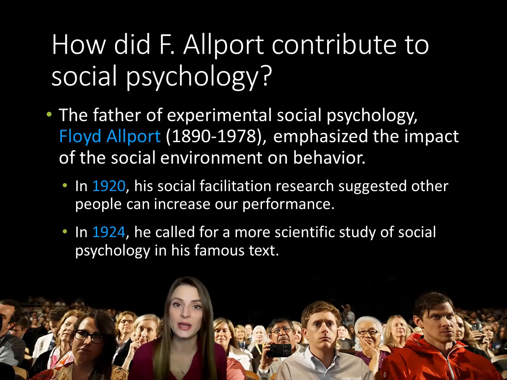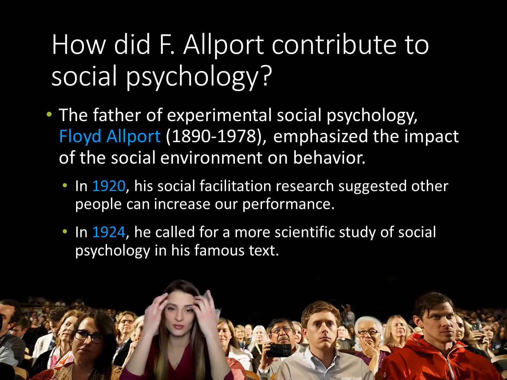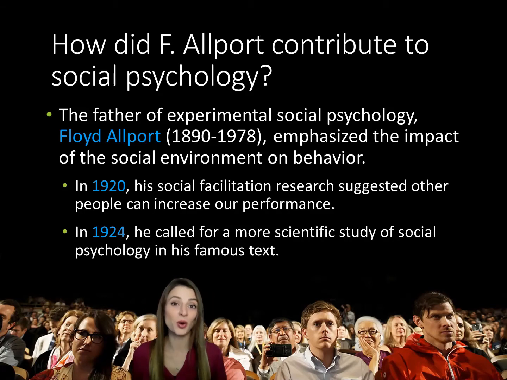Several years later, he published a popular textbook called Social Psychology. Universities across the country adopted it for their social psychology classes. It was the number one textbook for more than 50 years and was published in 13 different editions.